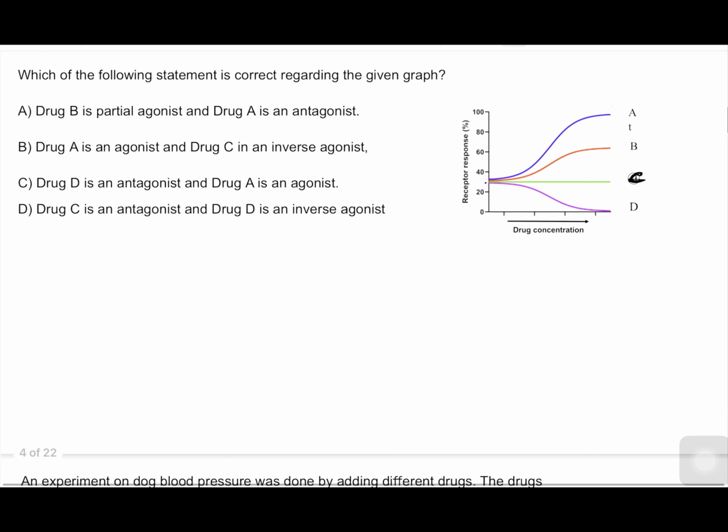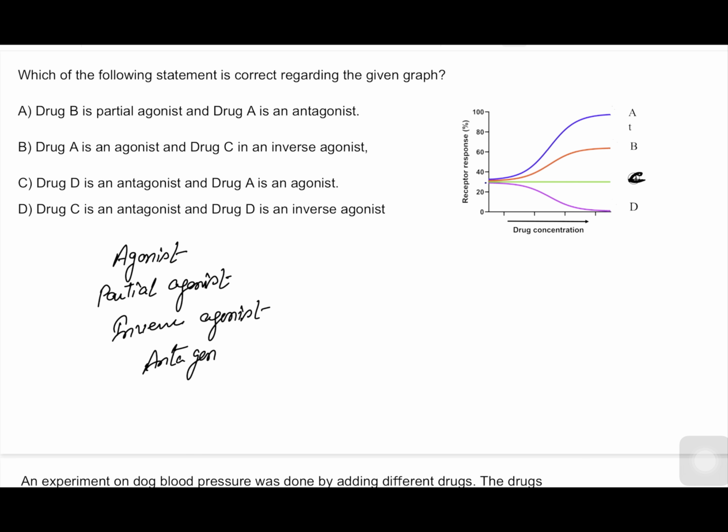So the second question is related to which of the following statements is correct regarding the given graph. This is the dose response curve. In the dose response curve we have drugs which can be agonist, partial agonist, inverse agonist, and antagonist. These are based on their intrinsic activity.